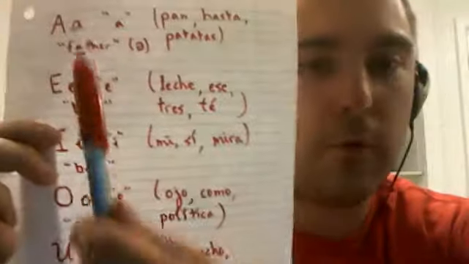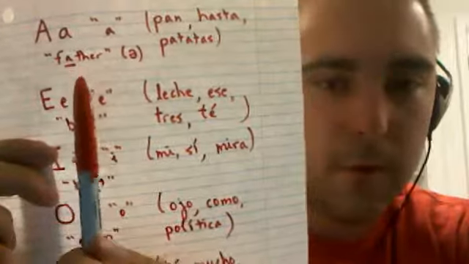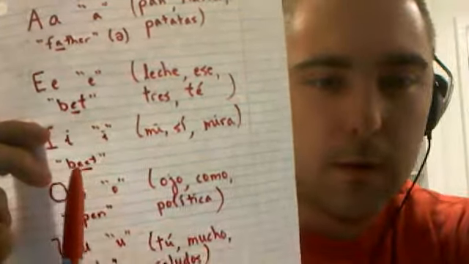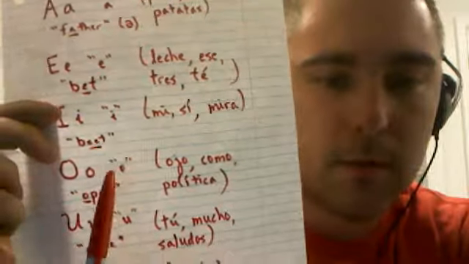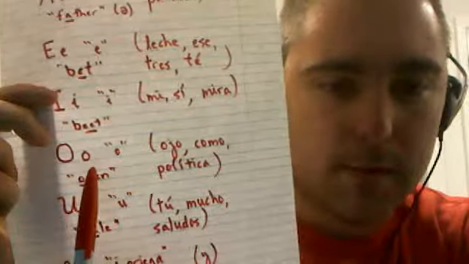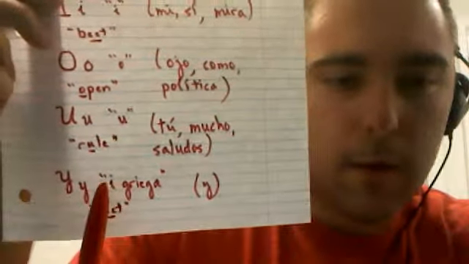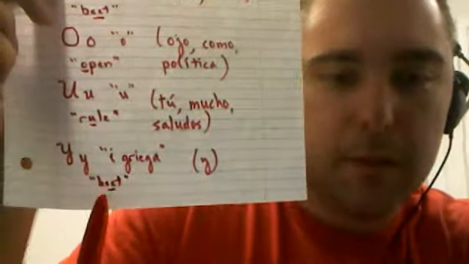So just to review, we've got A like in father, E like in bet, I like in beat, O as in open, U as in rule, and Y as in beat.